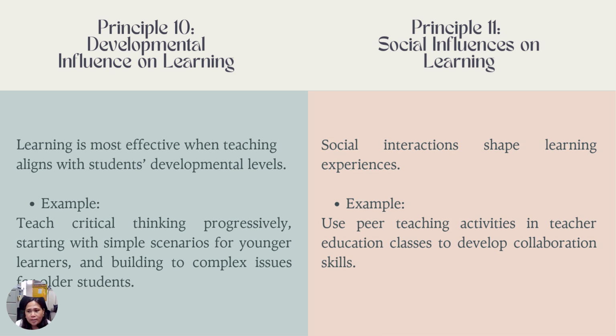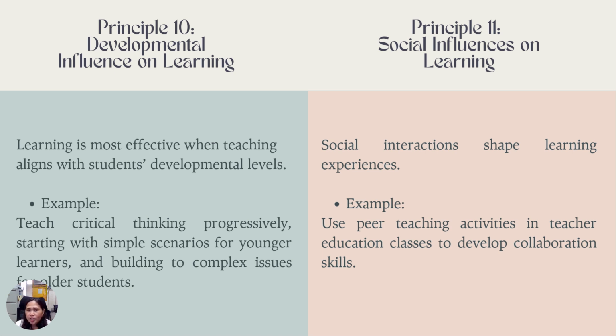If you are teaching nursery students, the terms that we use, the games, and the activities that we give should be appropriate to their age. Same goes if you are teaching junior high school, it should be fitting to their developmental stage, because cognitive readiness is something that drives learning.